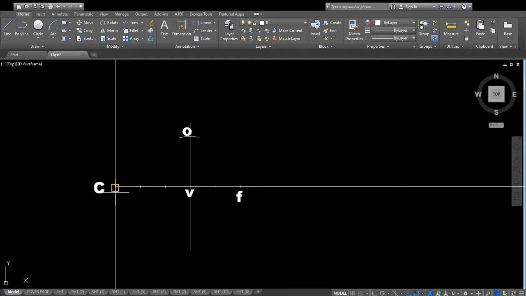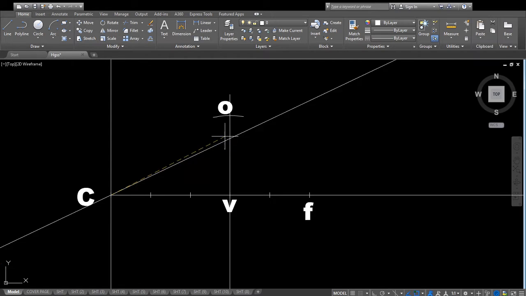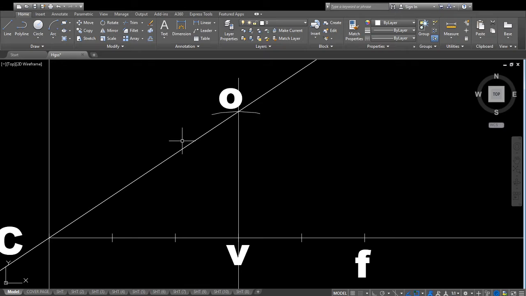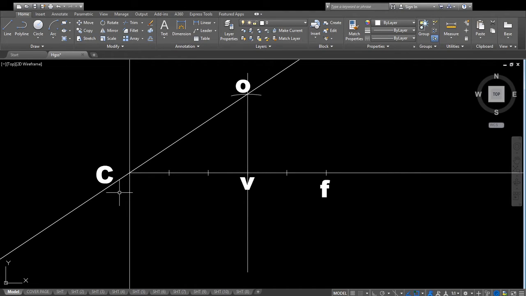A line at 45 from C through point O. We have this line this way. Okay, we have this line like this.